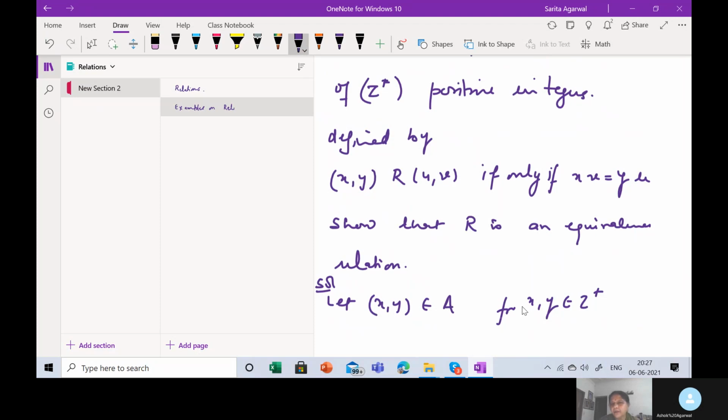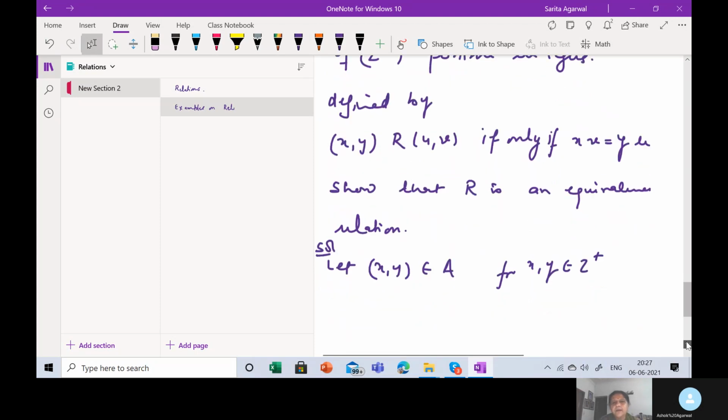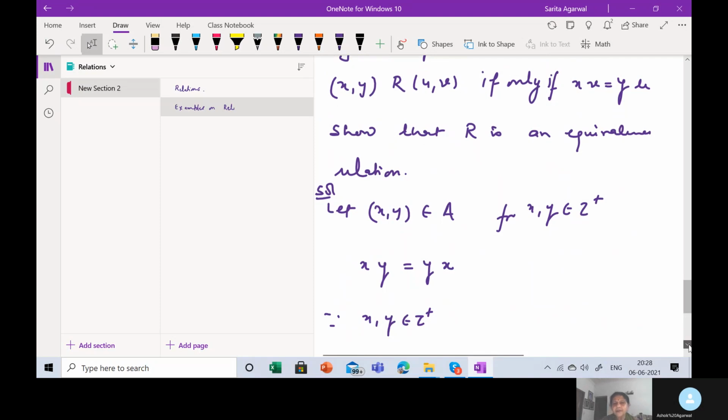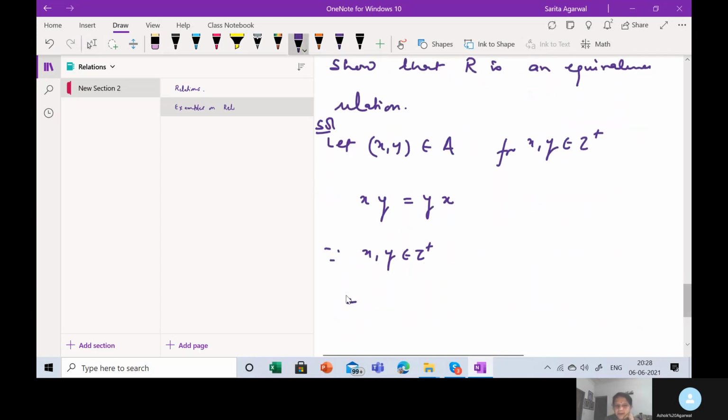Clearly, we know that xy equals yx because the set of positive integers is commutative under multiplication.